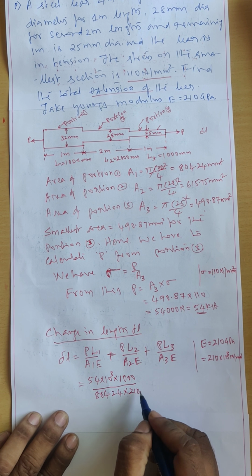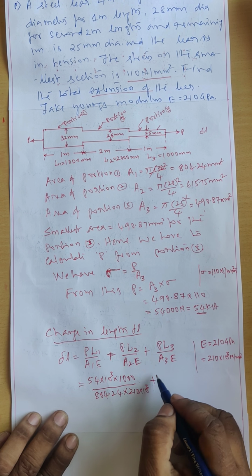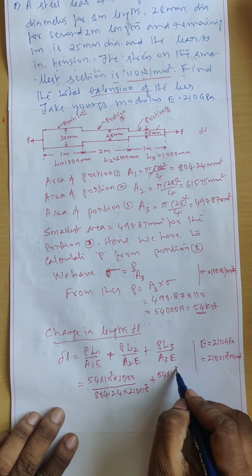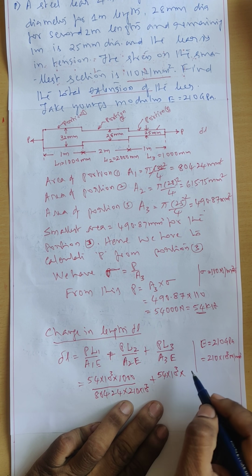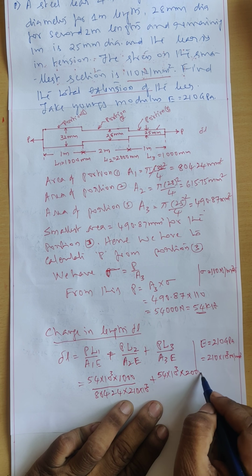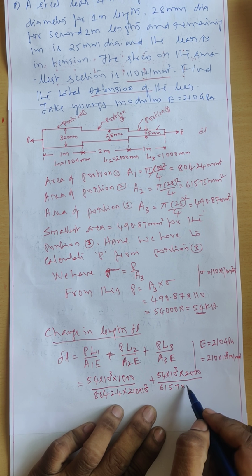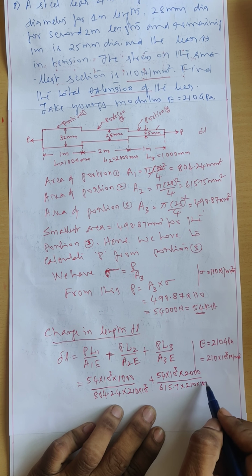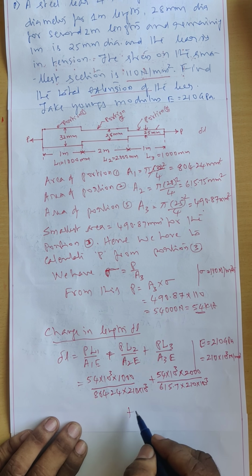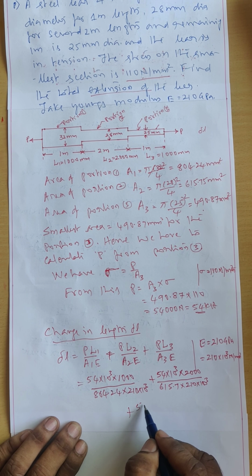Therefore, it is 210 into 10 to the power 3, plus this P is 54 into 10 to the power 3 into length for the second portion, 2000, divided by A2, 615.75, into E, 210 into 10 to the power 3, plus P is third portion 50 into 10 to the power 3 into L3, again it is 1 meter means 1000 mm, divided by A3, 490.87, into E is 210 into 10 to the power 3.